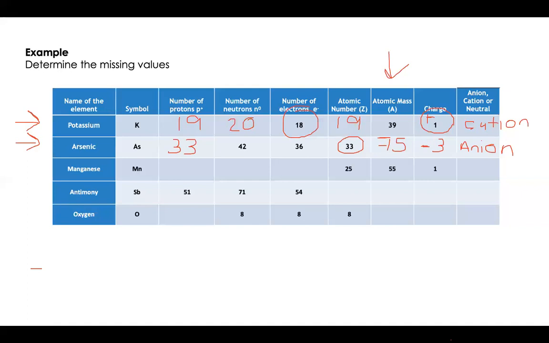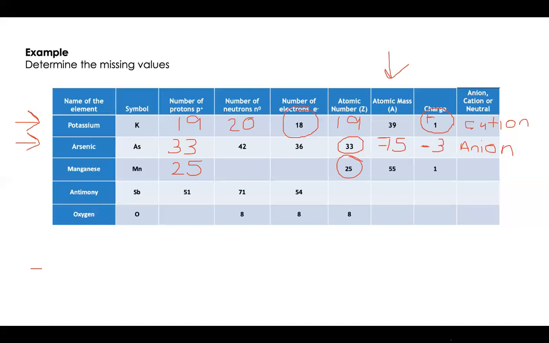Since we already have the atomic number, it tells me the number of protons. So I will have here a 25, okay? The atomic mass is equal to the number of particles that we have in the nucleus, okay?